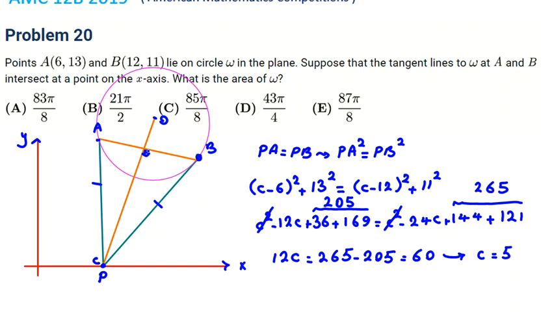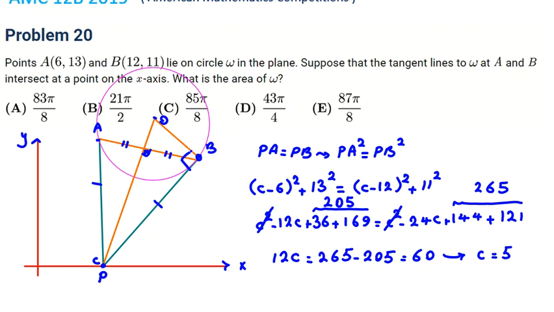OP lies on the perpendicular bisector, and these two lengths are equal. I want to find OA, which is the radius, so before that I should find O. Let me write OB; both of them are okay.